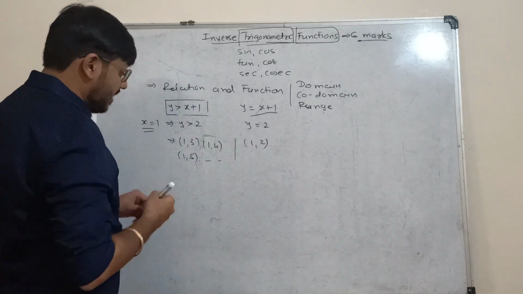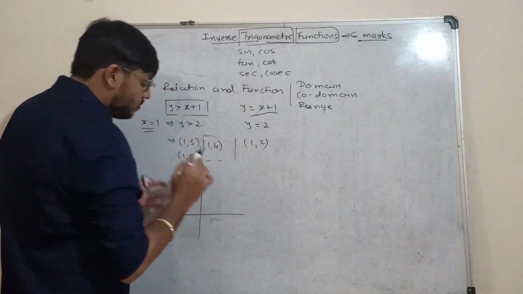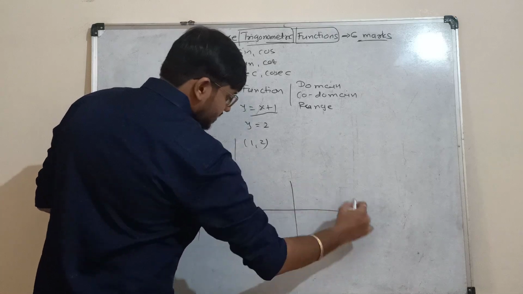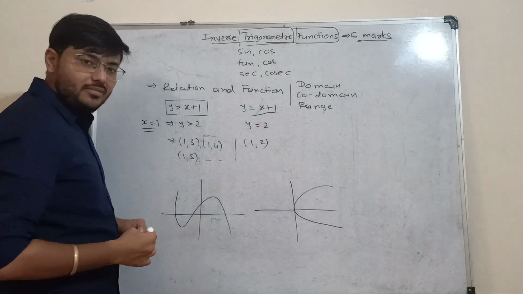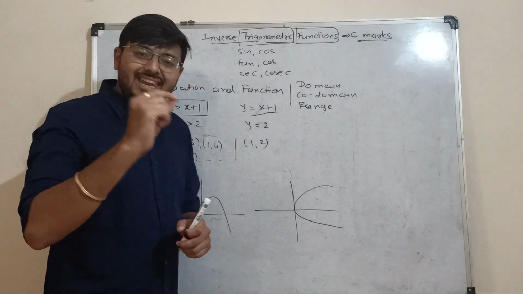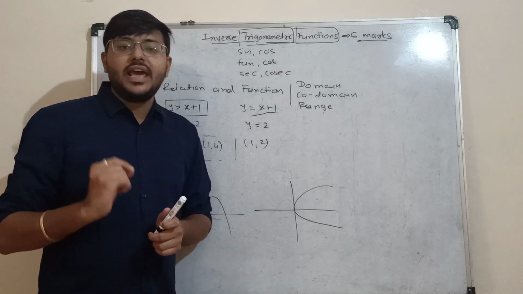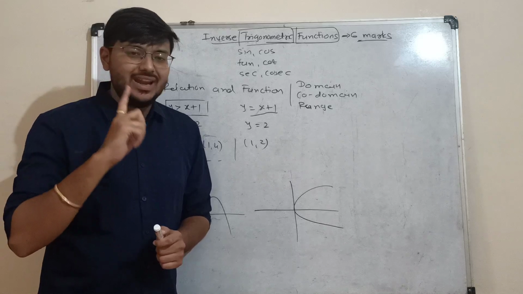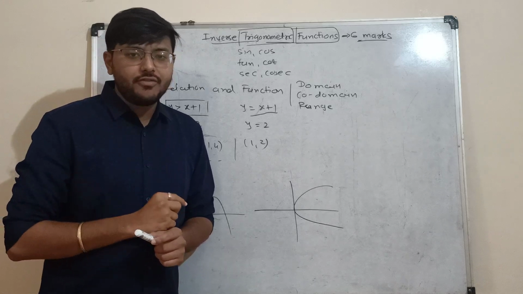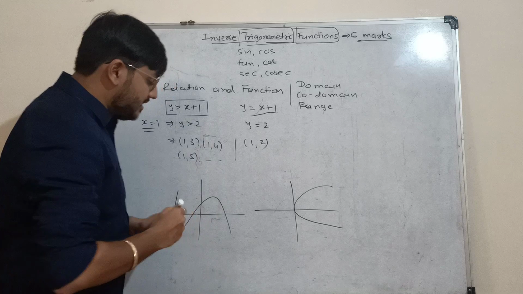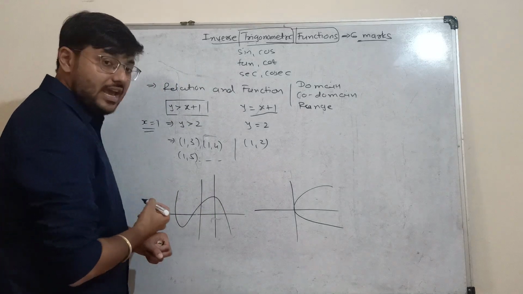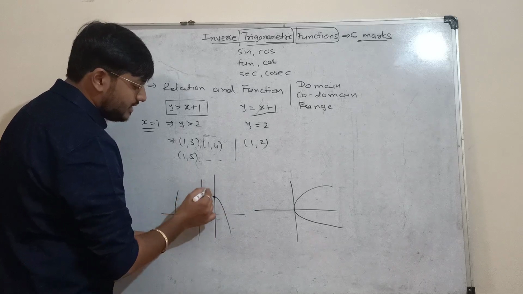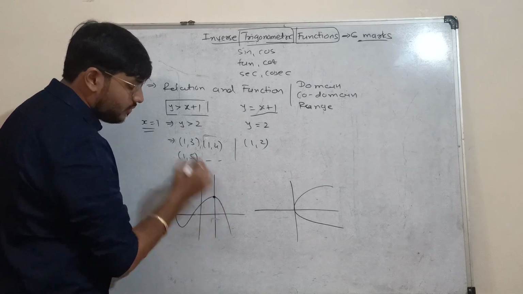Okay, then after, graphically also we can consider the difference between relation and function. So how we can consider that? So let me plot the graphs of 2 curves, right? Let me say this is the first graph and this is the second graph, let's say. Okay, now any perpendicular line to the x-axis will intersect the graph of a function at a unique point. Let's say this is the graph, this is the line which is perpendicular to the x-axis. So this line will intersect the graph of the function at one point only.